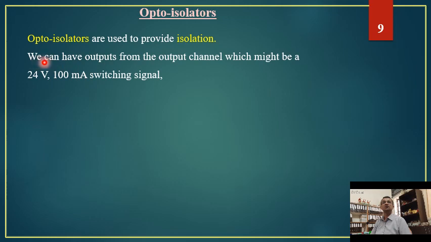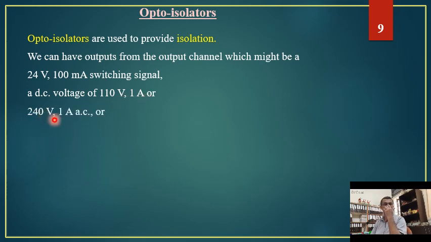So the outputs from output channel comes in at this particular rating, and a DC voltage of 110 volt, that is also possible with 1 amp, or 240 volt at 1 ampere AC, that is also possible, or 240 volt 2 amps AC from a triac output channel, that is also possible.